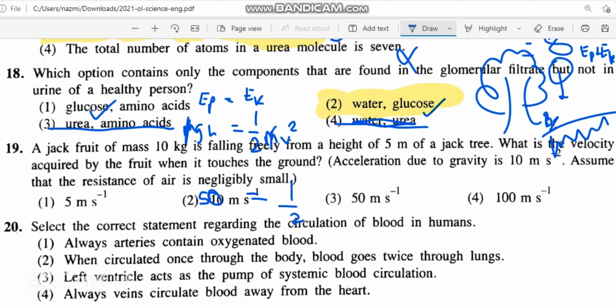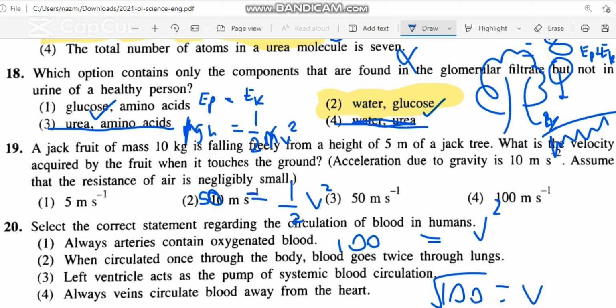We should find the velocity. Yes, velocity only we should find. So if you take the 2 to the other side, 2 into 50, it becomes 100. 100 equal to v squared. If you take the square root to the other side, velocity equals the square root of 100, which is 10 m/s. So that answer is there in our second option.